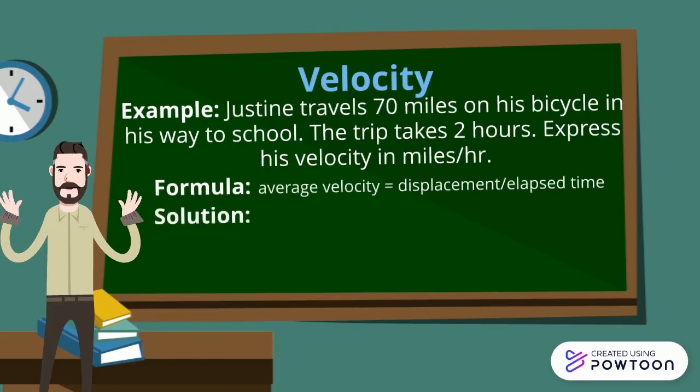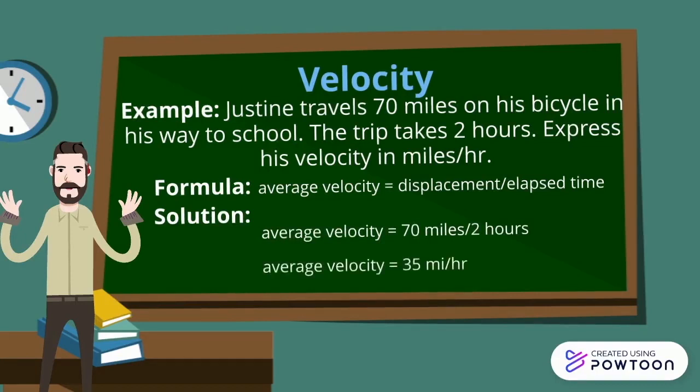Now, let us substitute them. Average velocity is equal to 70 miles, that is our displacement, and 2 hours, that is our time. And we will divide them. Average velocity now is 35 miles per hour.